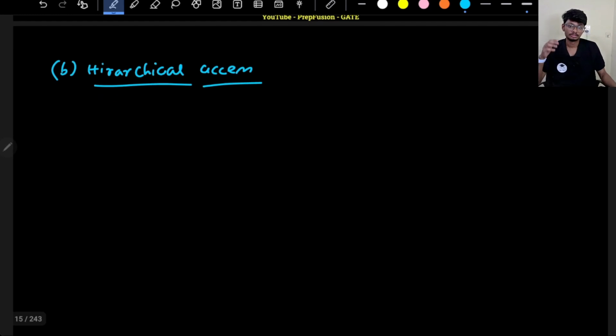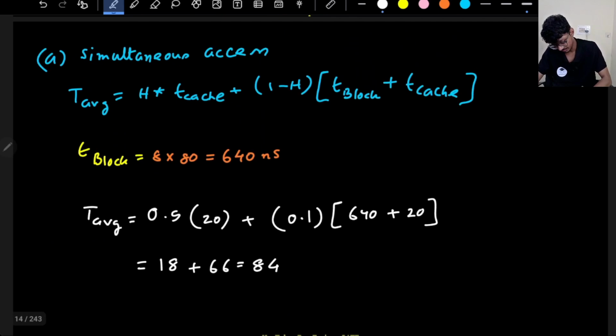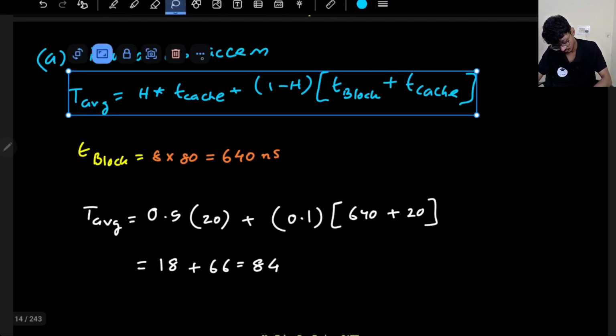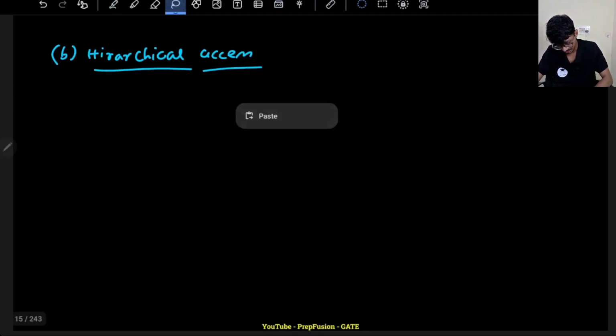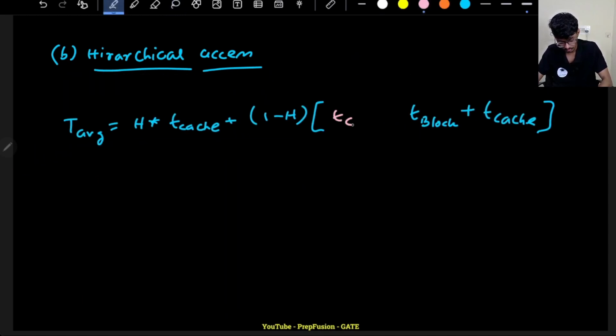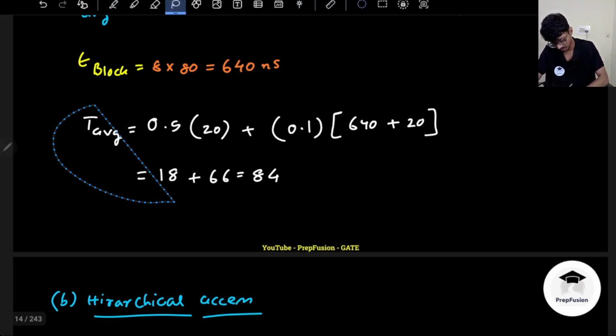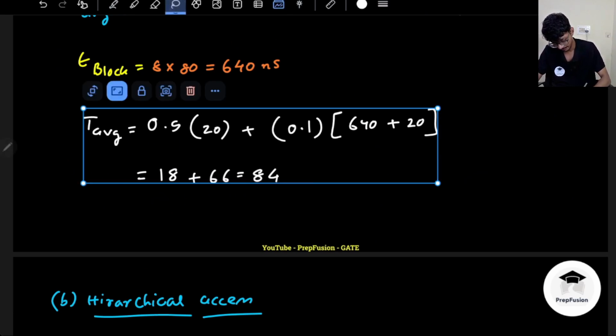For the hierarchical access, everything else will be the same, the concept is the same. Just that when it is a miss, I have to wait an extra T cache time, because RAM does not start until the cache tells us that we don't have that particular value. We wait till then, so it will be another additional T cache.